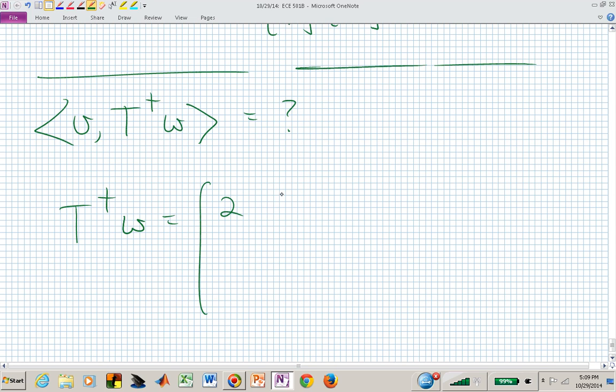That's now this matrix, 2, 3, 0; 1, 0, 4; 0, 0, minus 3, times 0, 1, 1.